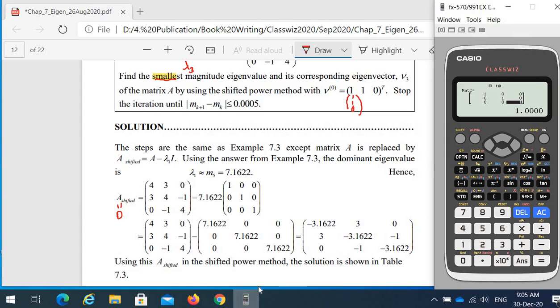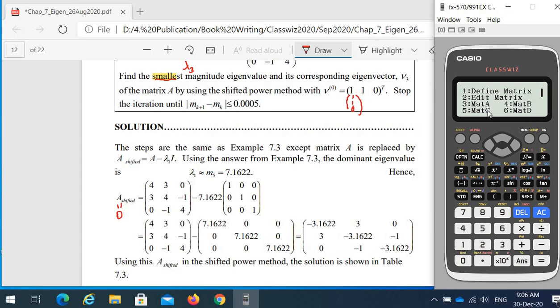Matrix D is in the calculator. So I'm going to press options. I create AC first, then options. After you input the matrix in AC to clear it, now I'm going to call matrix A, number 3, minus 7.1622. Then shift, options.